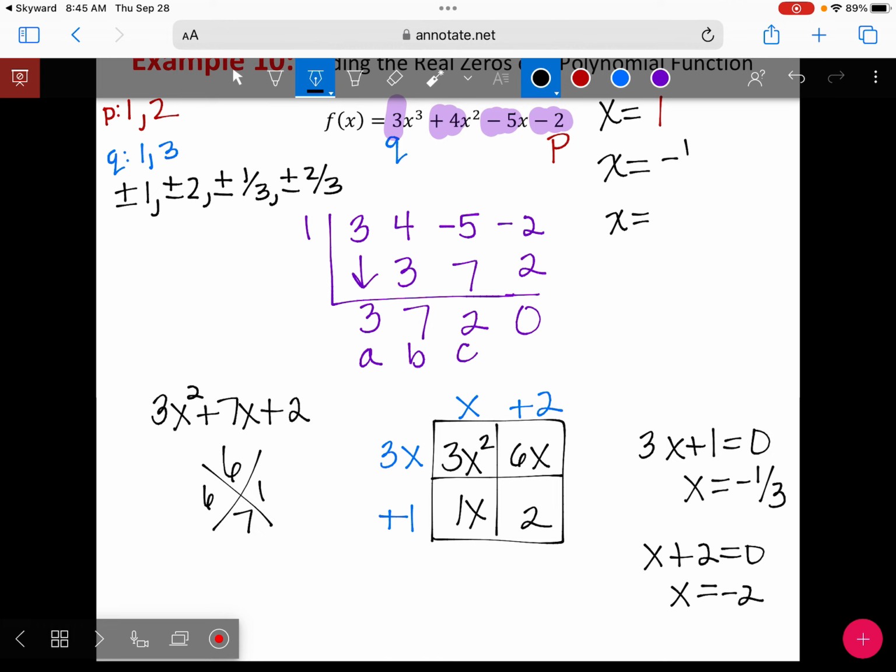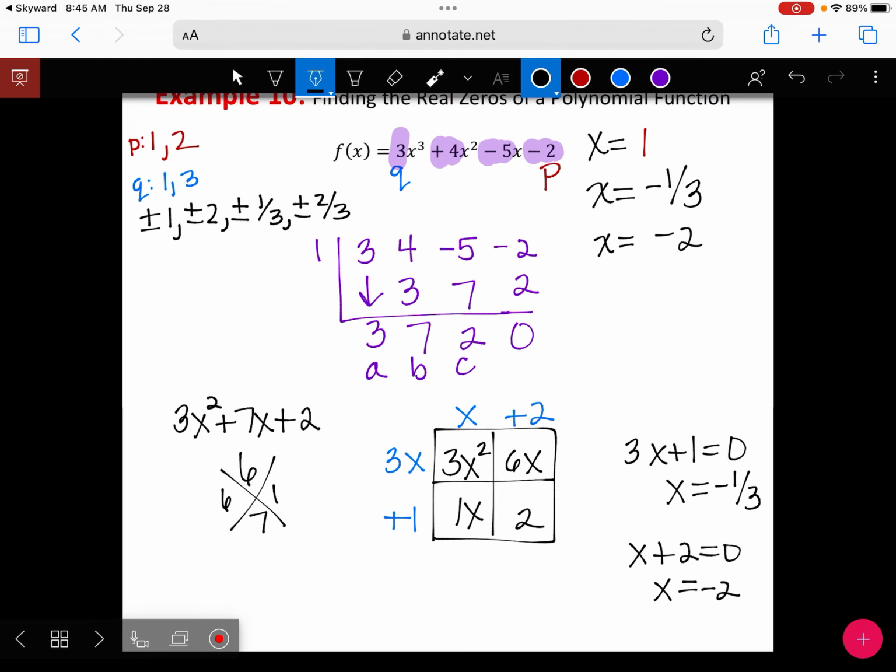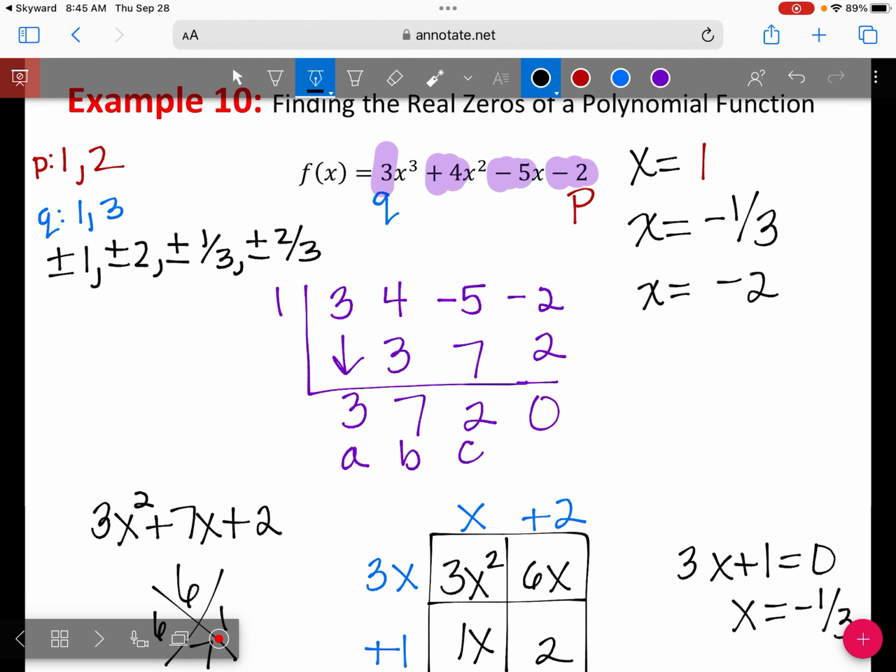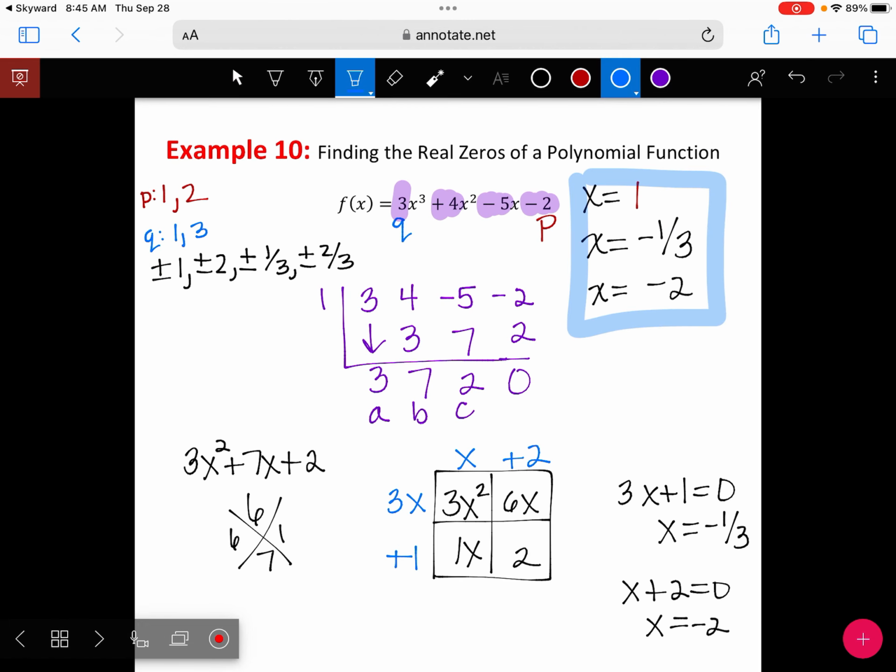So your last 2 solutions are -1/3 and -2. And that would be your solutions. And that is that.